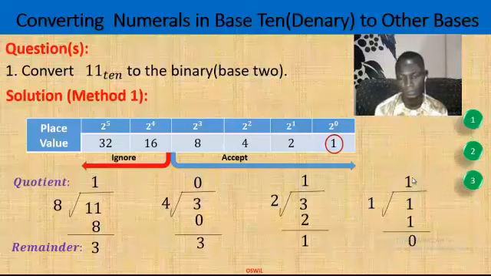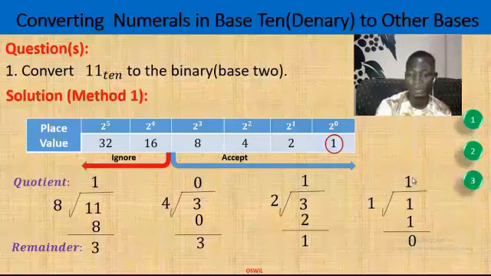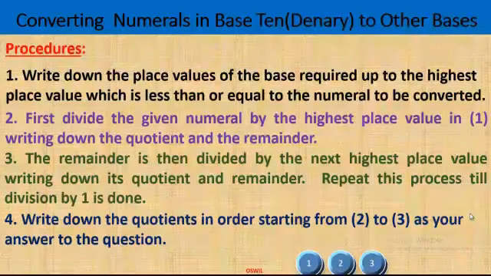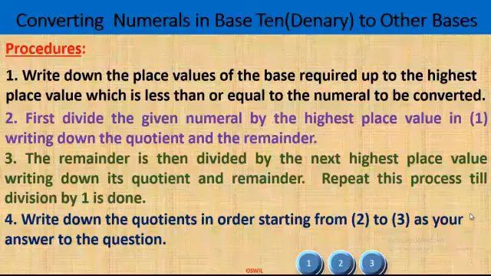So this ends our third step. Now let's see our fourth step. The fourth step says to write down the quotients in order, starting from step 2 to step 3, as your answer to the question.